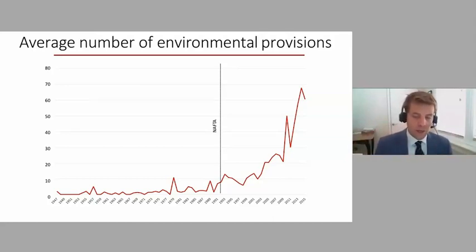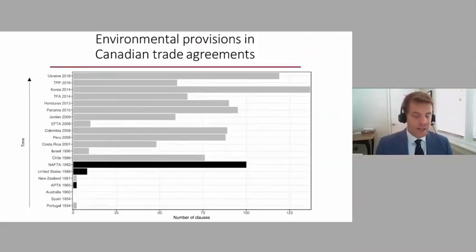You can see this in various ways. For example, what you have here is all the trade agreements concluded by Canada. They are displayed in chronological order on the horizontal axis, and you have the number of environmental provisions.